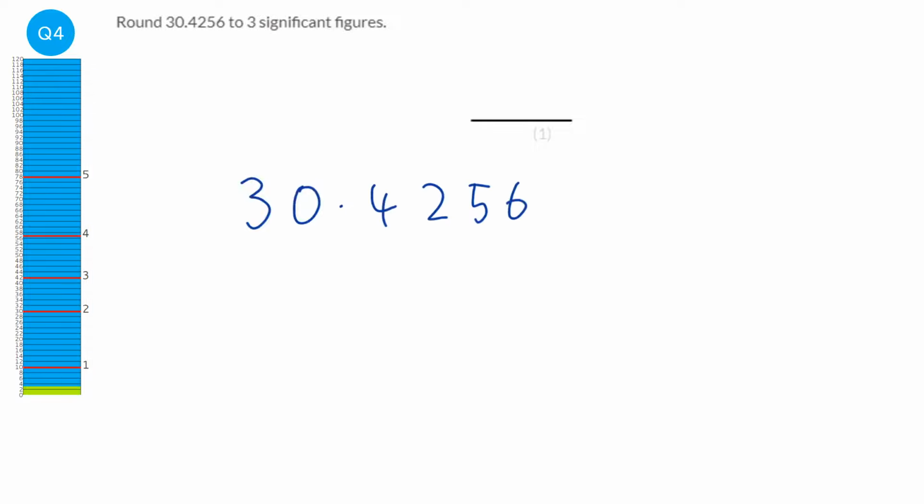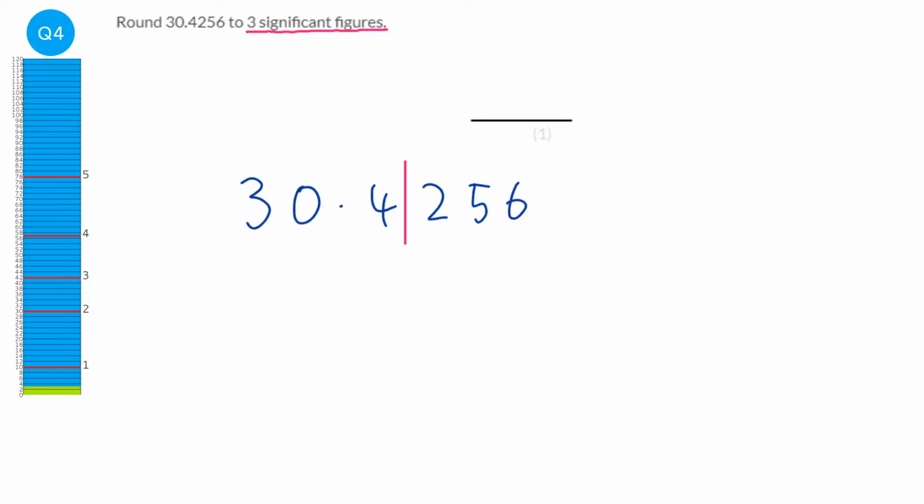Okay, we're asked to work that out and round it to 3 significant figures. That means 3 numbers from the left hand side. So starting here, 1, 2, 3. The first number has to be not a 0. If it was a decimal, we would start counting as soon as it wasn't a 0. After that 4, we put a line down.